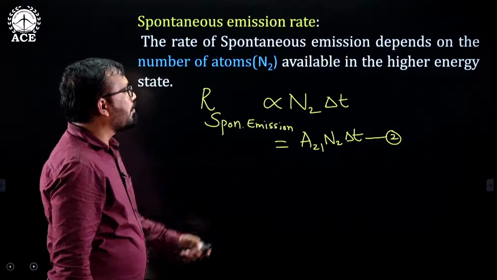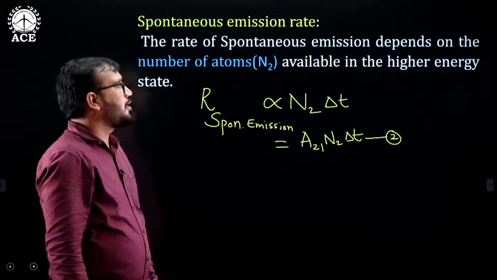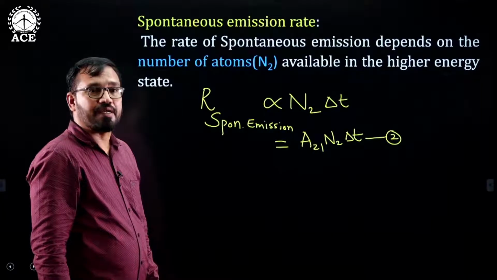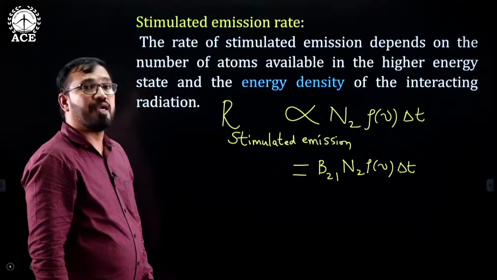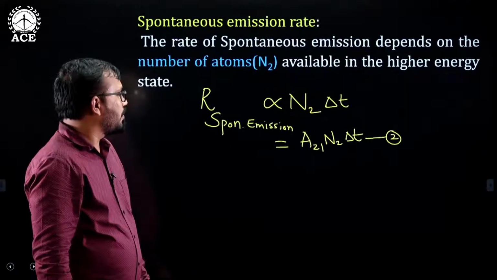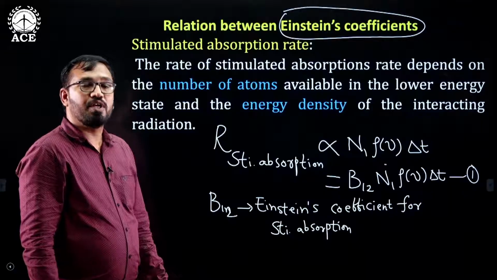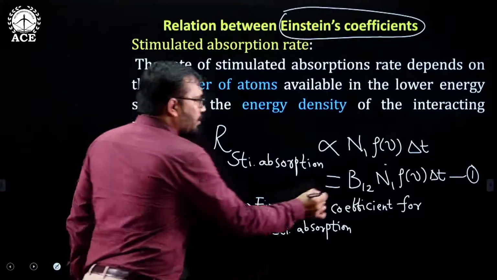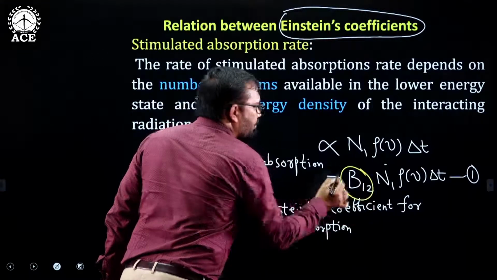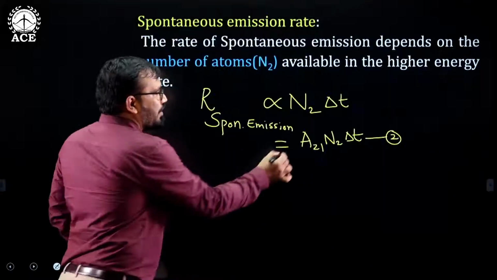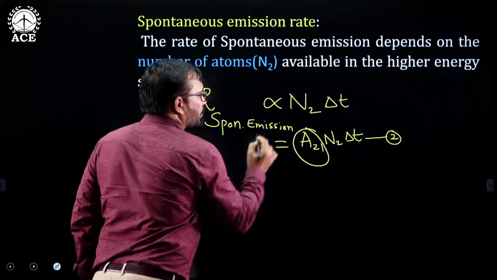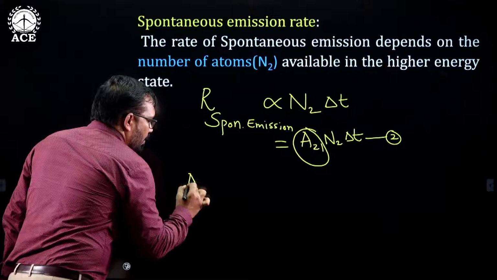See here, what I got in the earlier case, this is the spontaneous emission rate. Now what is this? The stimulated emission rate. What is this one? The first one, the stimulated absorption rate. What do you have? One Einstein coefficient, B12. For the second one, we have one more Einstein coefficient. What is A21?